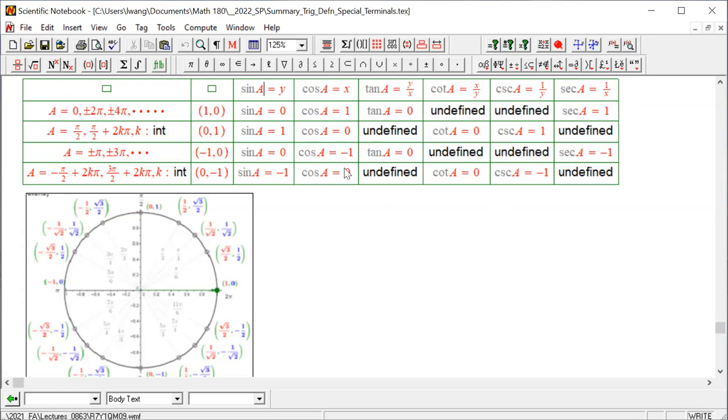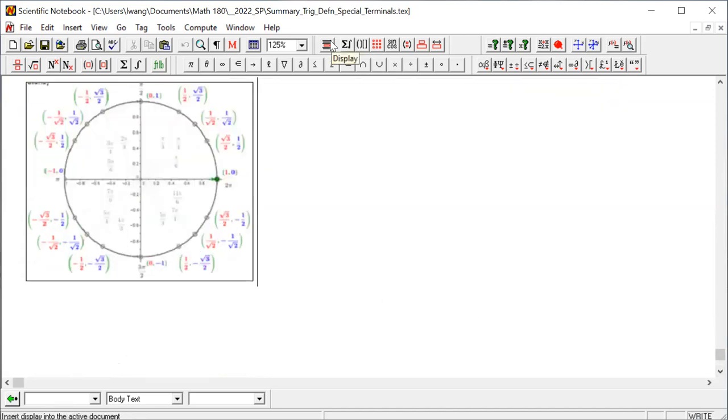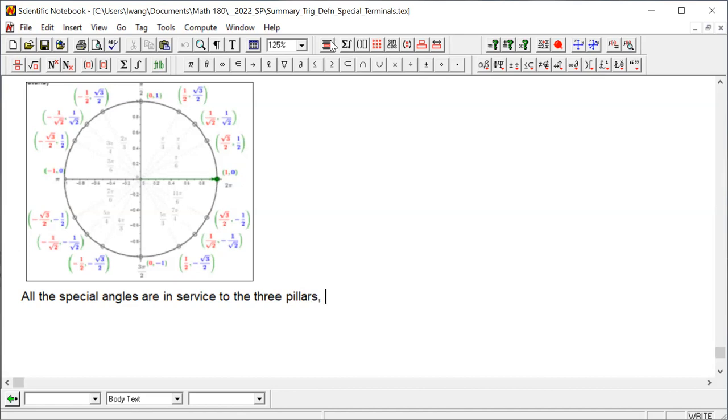And the other reason we stress that the special angles are in service to definition, let me write it down: all the special angles are in service to the three pillars, which is ARD: angle measurement, reference angle, and definition.